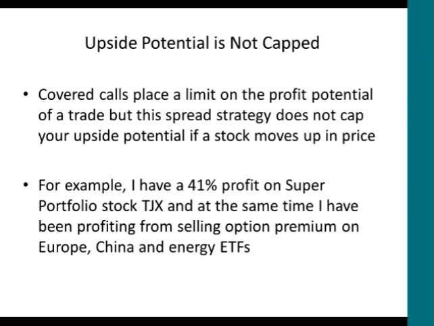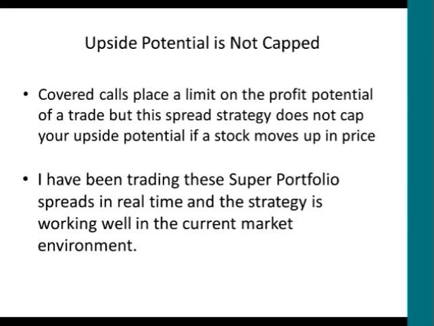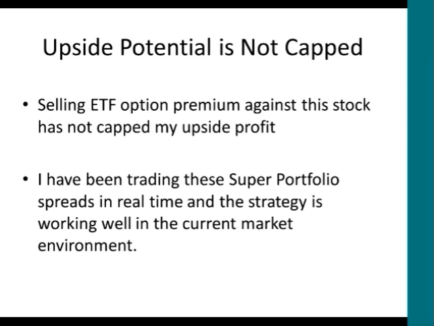So I've been profiting from both sides on this spread. And again, with the super portfolio spread, your upside potential is not capped. So when you sell, let's say, the China ETF against TJX, it doesn't cap the premium. If TJX moves up in price, it's not going to cap that profit.